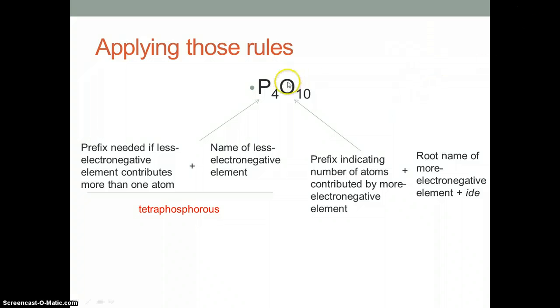So here we have 10 oxygen, so that would be deca for the prefix, and then the root name for oxygen is ox, so it would be decoxide, because we dropped that A from the deca because oxygen starts with an O. So then the name of the compound is tetraphosphorus decoxide.